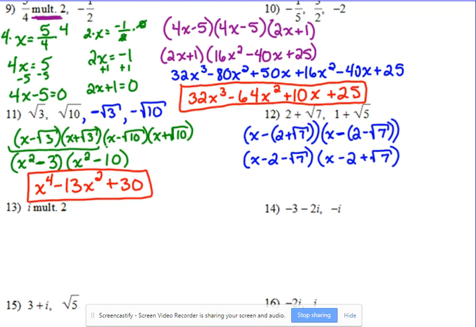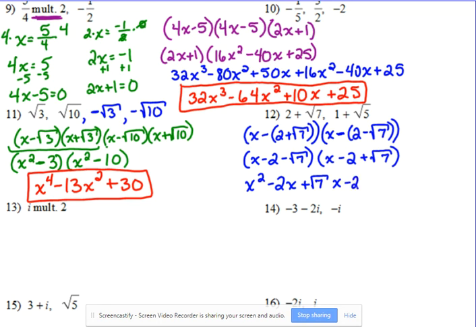Okay, now, we haven't done one of these, but that's what I was getting ready to do on the board a second ago. A trinomial times a trinomial, okay? Nothing changes. We've just got to distribute everything in the first set of parentheses to everything in the second set of parentheses. So x times x is x squared. X times negative 2 is negative 2x. X times the positive square root of 7 is the positive square root of 7x. Then distribute the negative 2 to everything.